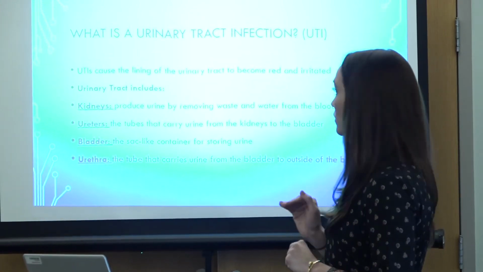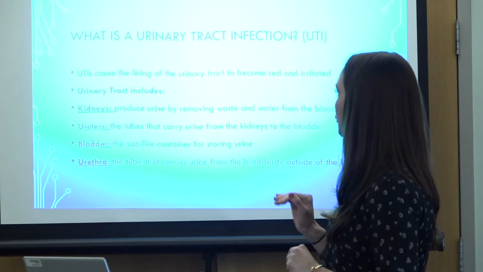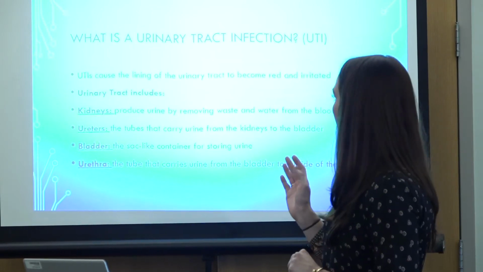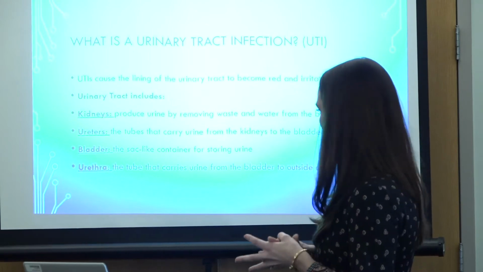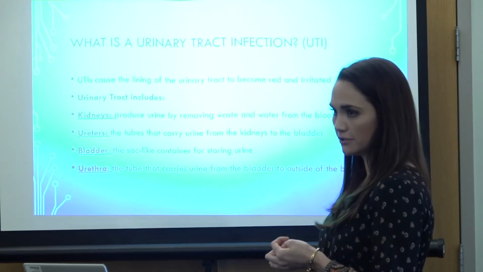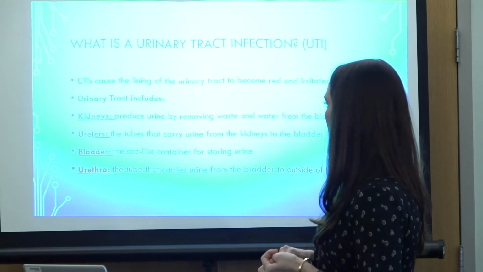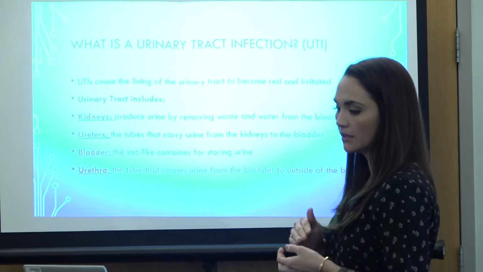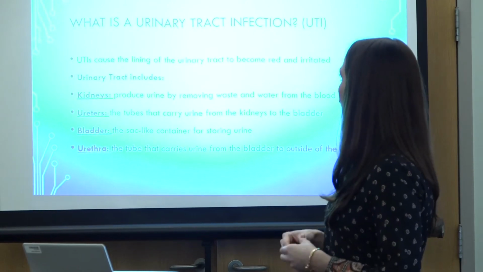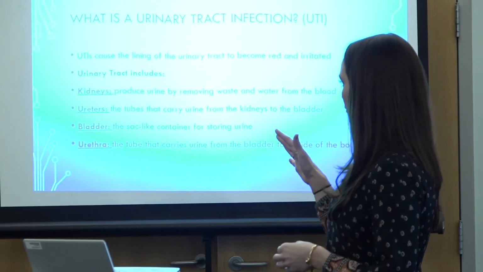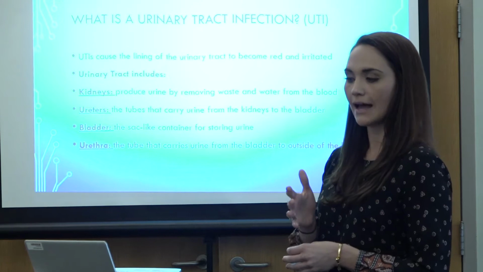There are different components of the urinary tract, which includes the kidneys, that produce urine by removing waste and water from the blood. You've got the ureters, which are tubes that carry the urine from the kidneys to the bladder. The bladder is the sac-like container for storing urine. And the urethra carries the urine from the bladder outside of the body.